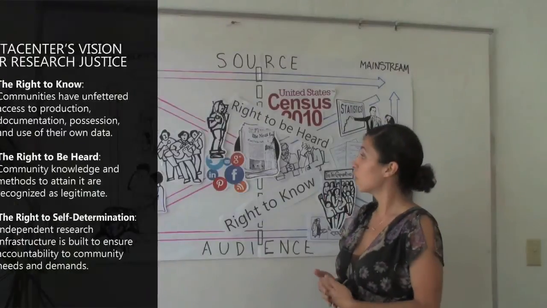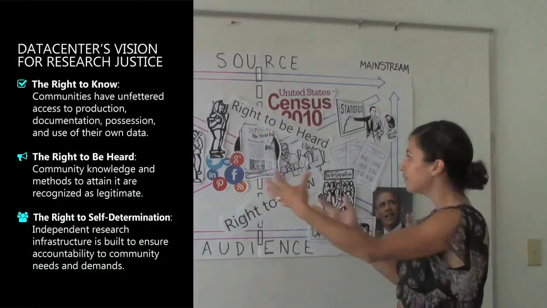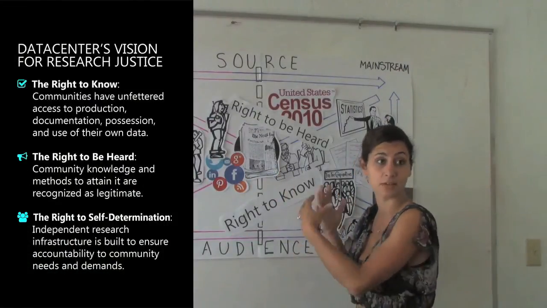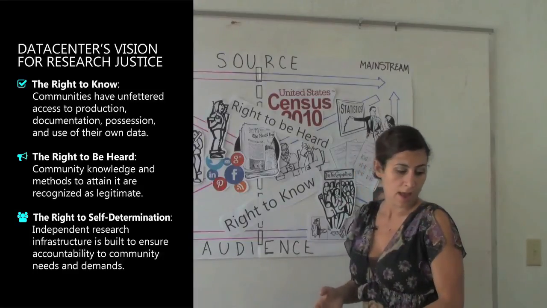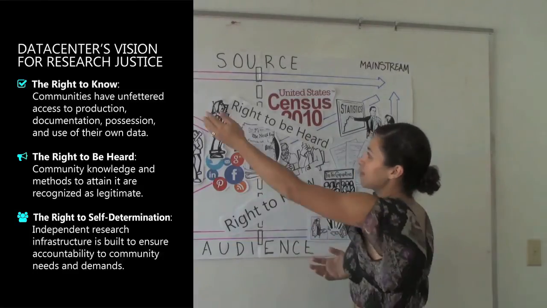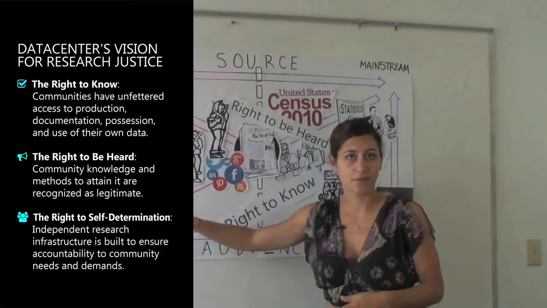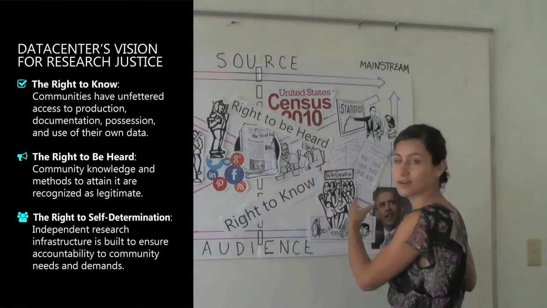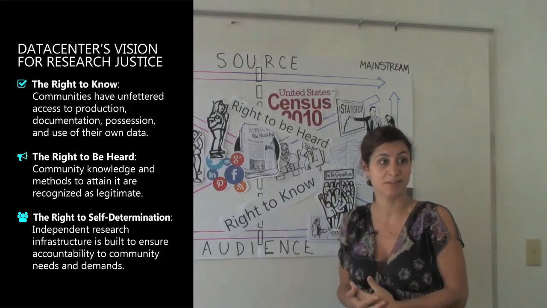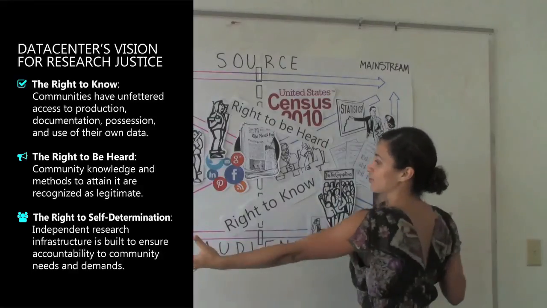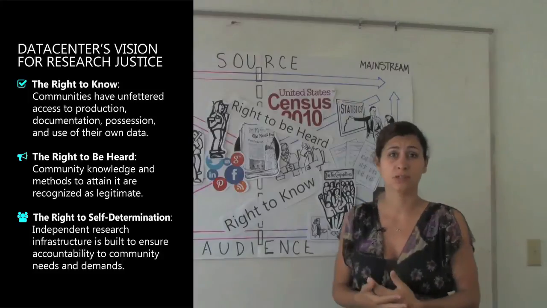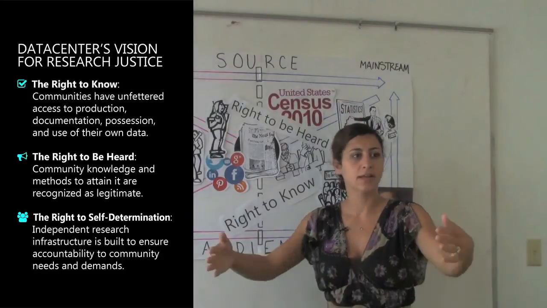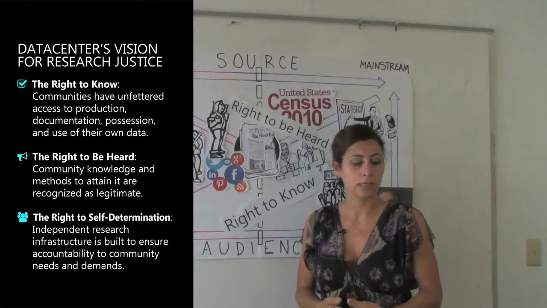We envision a world in which communities have unfettered access to the information that controls their lives, and where community knowledge and methods of the way that we disseminate information are seen as legitimate indicators of how policymakers make their decisions. And that the grassroots and the mainstream institutions are actually partners in creating a more just society for all.